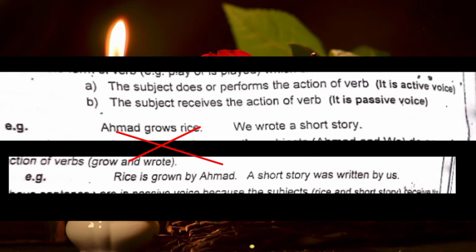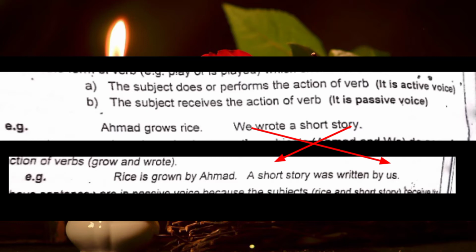Because this sentence is a simple present tense sentence, and in a simple present tense sentence we use is. Here we use is because rice is singular. Rice is grown by Ahmed. A short story was written by us. What is the process, how we change it, we will discuss later on.